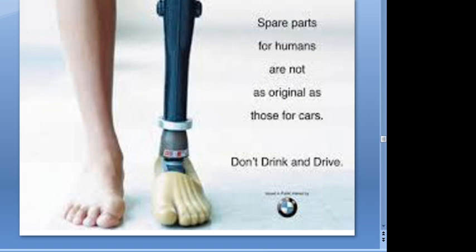So it's a rational appeal and a social appeal. When it says that spare parts for humans are not as original as those for cars, it's a fact, so it's rational. And don't drink and drive is social. It's about something beneficial for your society.